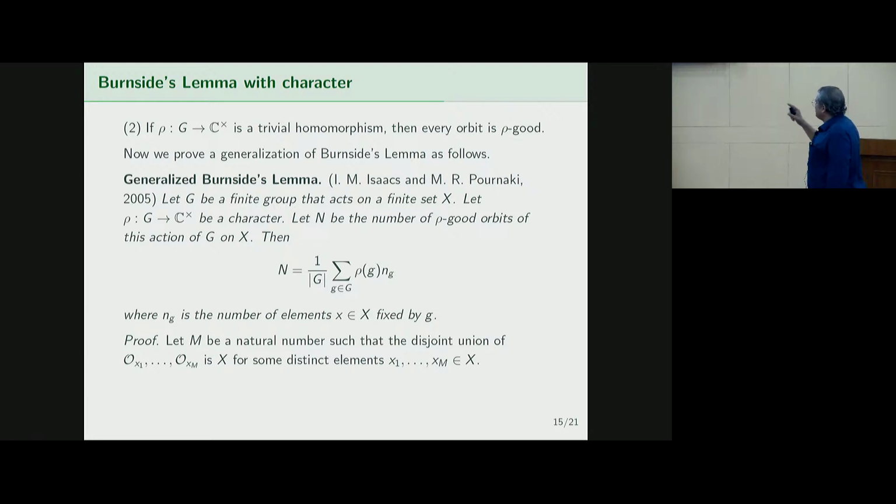Okay. In order to prove that, we will apply Burnside lemma in one particular action, so that this comes. First, since N is the number of rho good orbits, I am taking capital M to be the total number of orbits of the given action. Capital M is the natural number, which is the total number of disjoint orbits.